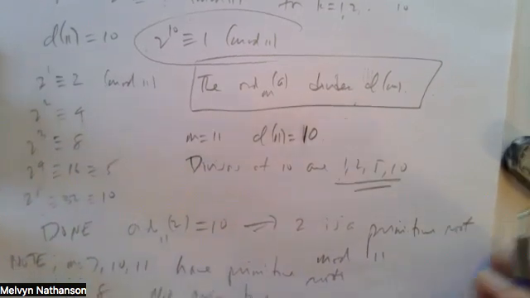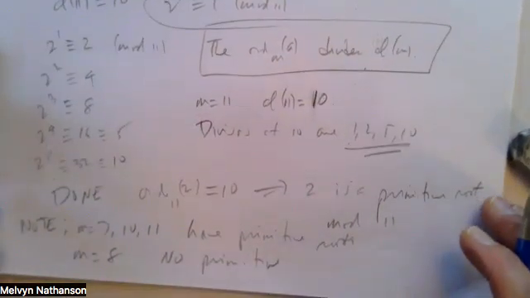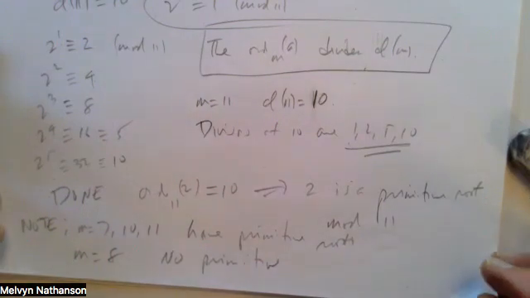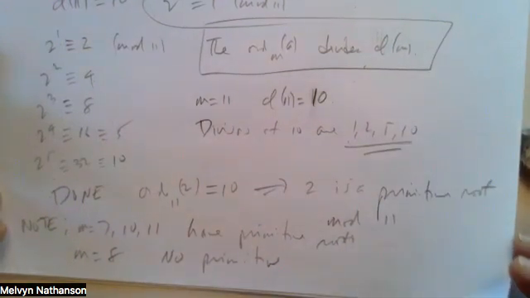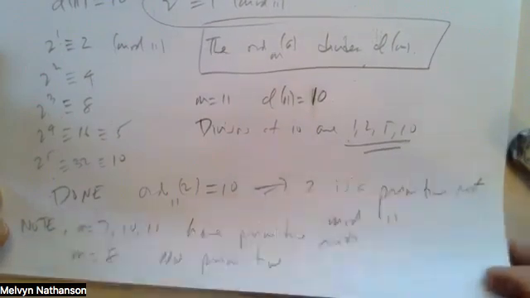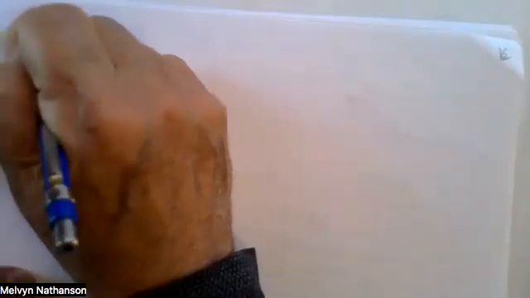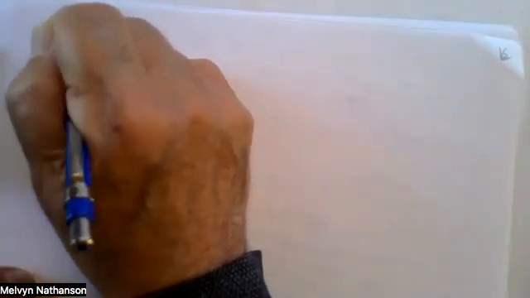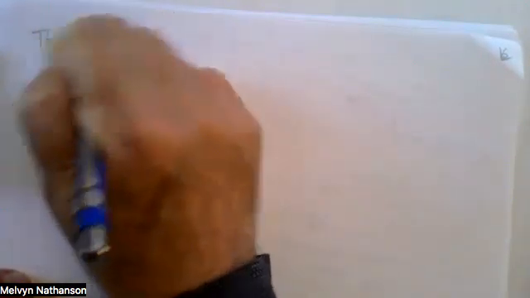So it's not true that for every modulus, there's a primitive root. And the most important case when a modulus does have a primitive root is when the modulus is a prime number. So a goal is to prove the following theorem. We're not going to prove it today, but we'll start to work on it today.